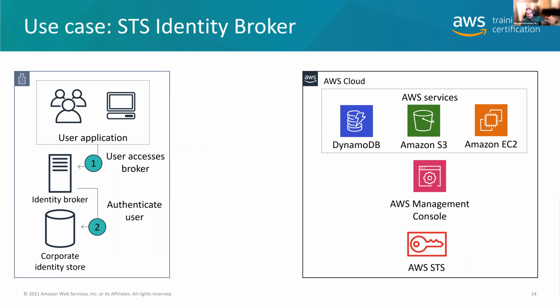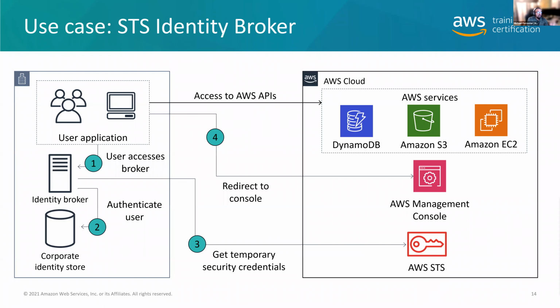Then once the user accesses the broker and authenticates, the identity broker, whose job it is to broker the identity for the user, is going to go over to STS and say, hey, by the way, this user authenticated with me. We have a trust relationship, so I need a credential.